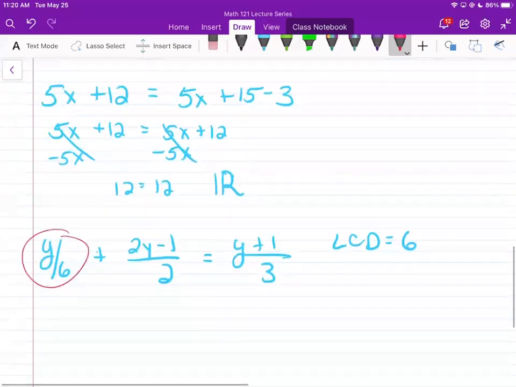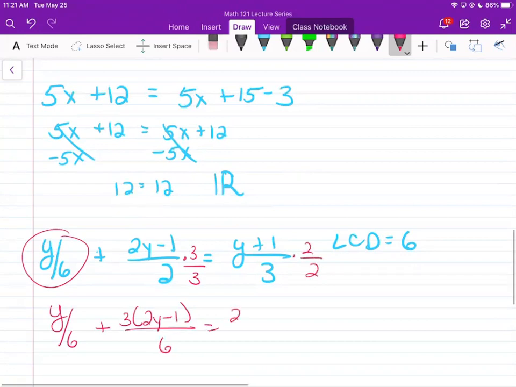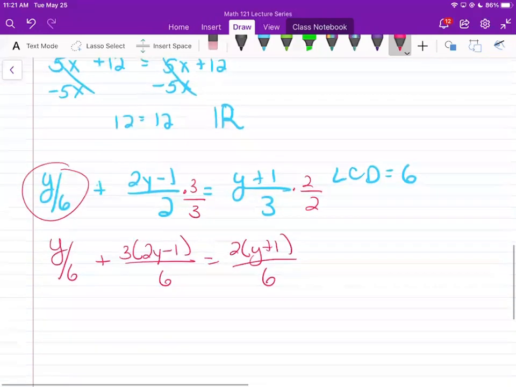This denominator is already 6, so this fraction stays as it is. This one I need to multiply top and bottom by 3 in order to get 6 on the bottom. And this one I need to multiply by 2 in order to get 6 on the bottom. So again, I multiply top and bottom.